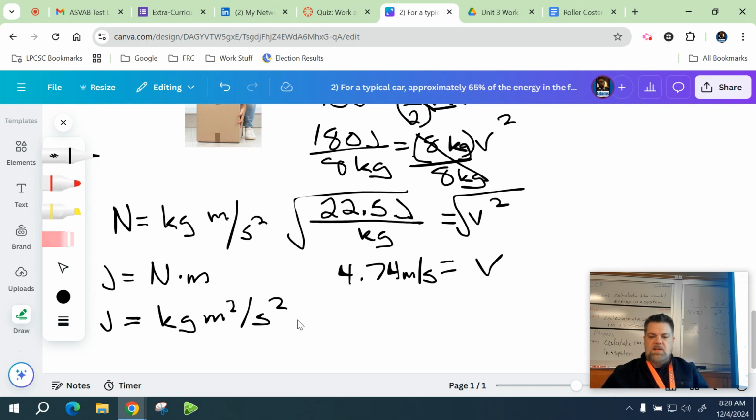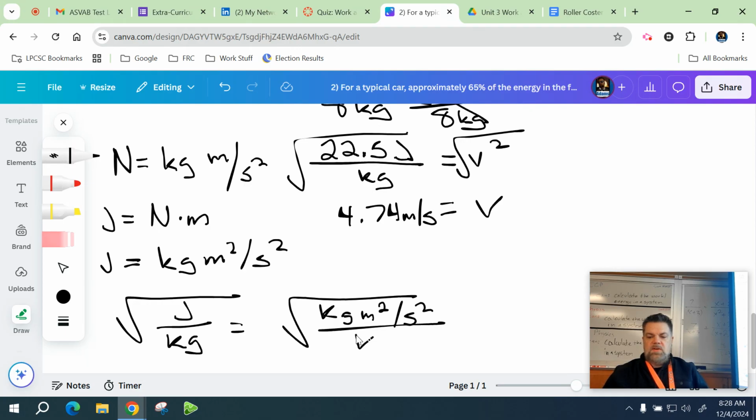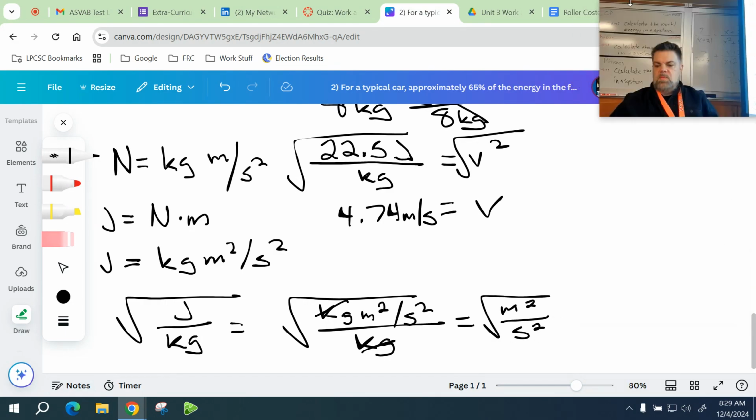So when I say the square root of joules over kilograms, I'm really saying the square root of kilograms meters squared over seconds squared, all over kilograms. The kilograms cancel out, and when you take the square root, you end up with meters per second, which is what we have here.